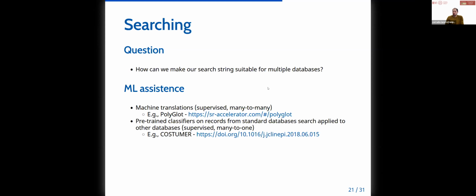And so we will see an example in a few slides in which we trained an algorithm to apply the search string strategy used to retrieve records in PubMed to train an algorithm that can use similar strategies, but that is not based on search strings, on the clinicaltrials.gov registry.